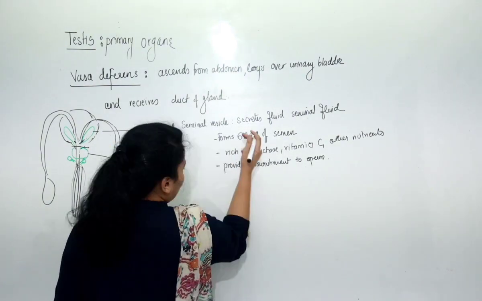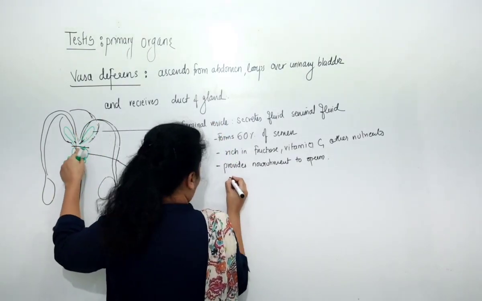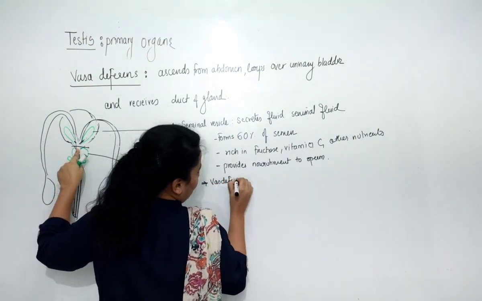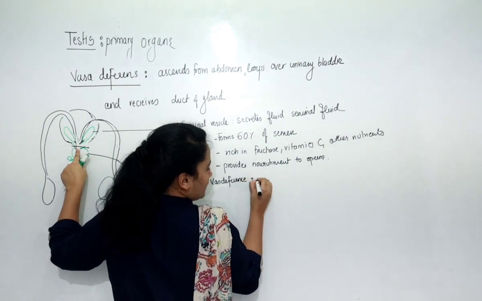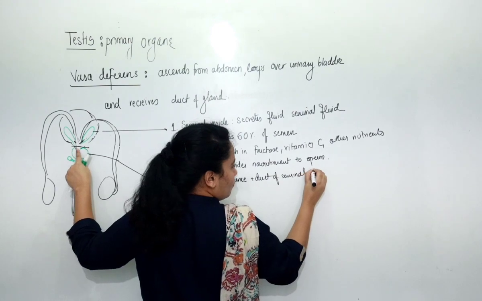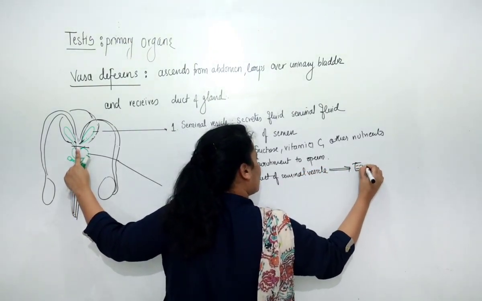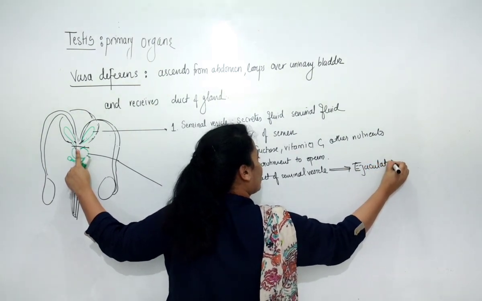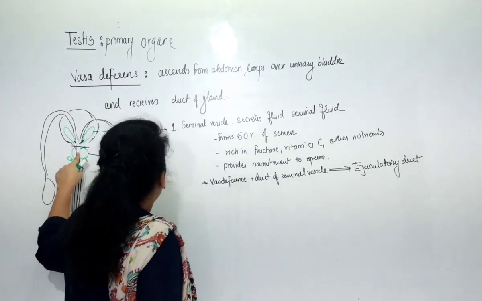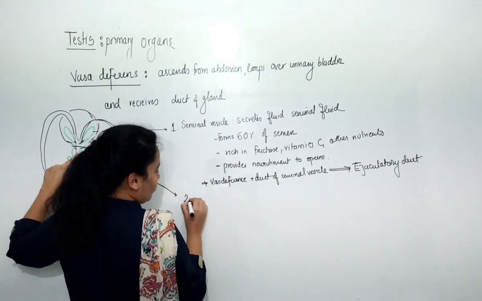So once the seminal vesicles open into this vas deferens, plus the duct of seminal vesicles, after this, what does it form? It forms the ejaculatory duct. Remember this.